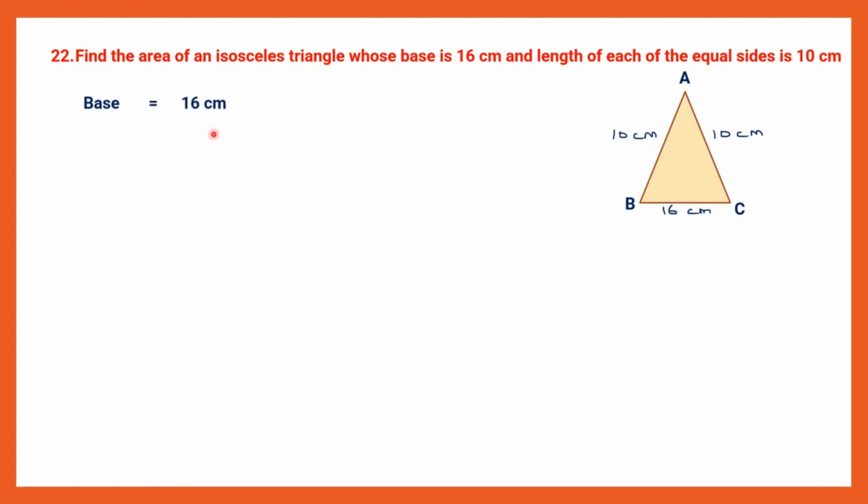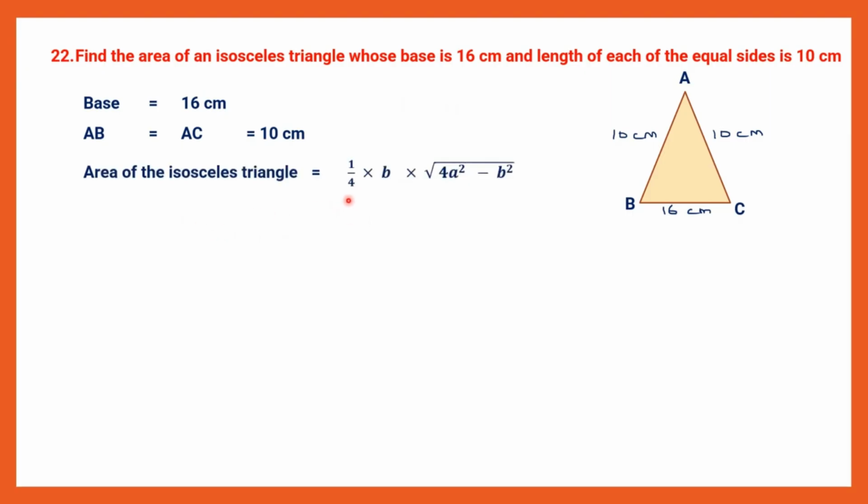The base is given to us and AB is equal to AC, and both are 10 centimeters. Now let's apply the formula to find the area of an isosceles triangle. This is the formula: 1 by 4 into B, where B is the base, into the square root of 4A square minus B square. A is the equal sides, 10 into 10, and B square is the other side.